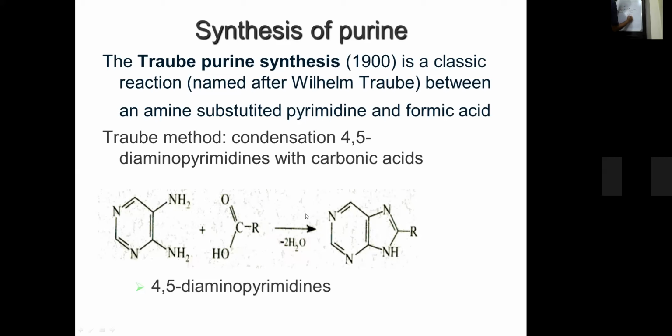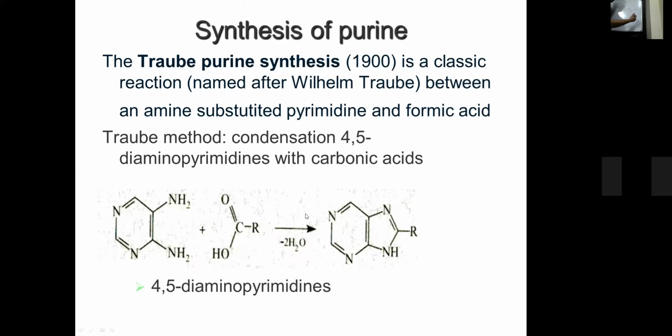Cyclization gives you the corresponding purine. So it is similar to your benzimidazole synthesis, where you took orthophenylenediamine and treated it with carboxylic acids like formic acid and acetic acid to get your substituted derivatives.